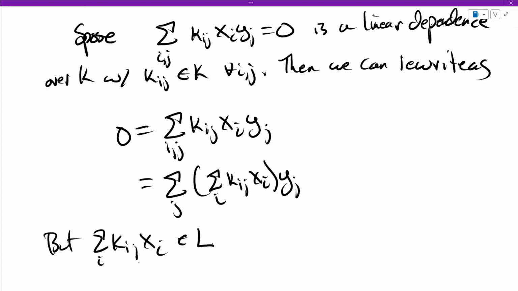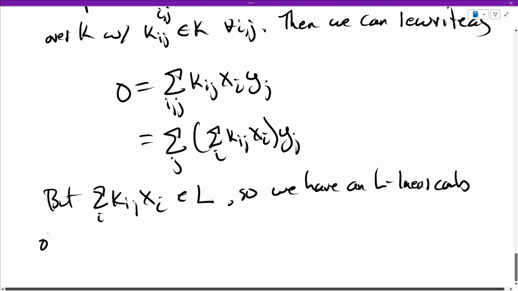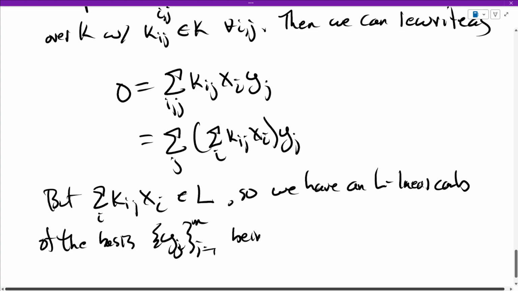So this element is in L. So we have an L-linear combination of the basis y_j being 0. Well, since it's a basis, that must mean that all of the coefficients are 0. Remember, this is a basis for M over L. Okay? So thus all the coefficients are 0.